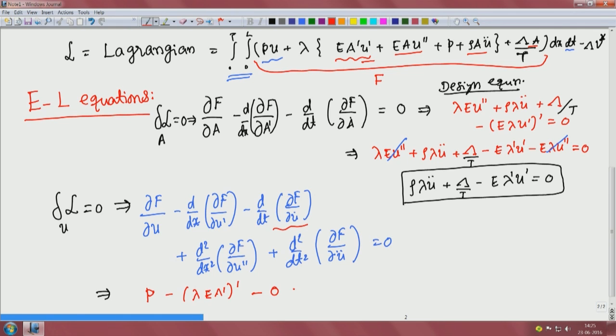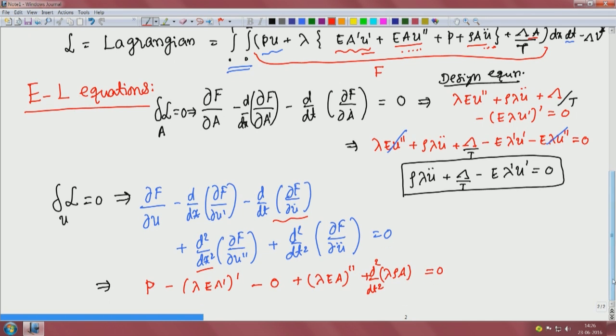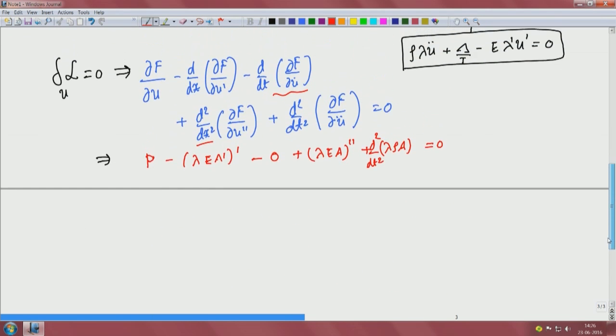And then we have the next one, u double prime is over here. So, that will give us lambda E A double prime, because we have d square by dx square, plus we have the double dot term, that will be lambda rho A, but this will be double dot, meaning d square by dt square, okay, that is equal to 0.